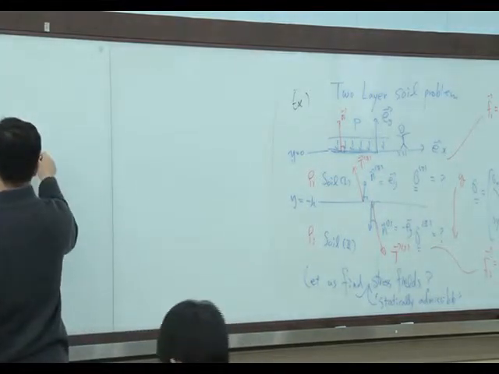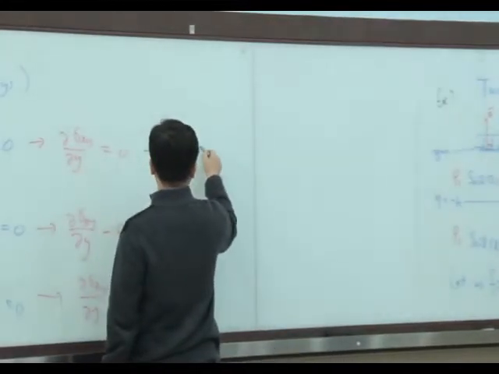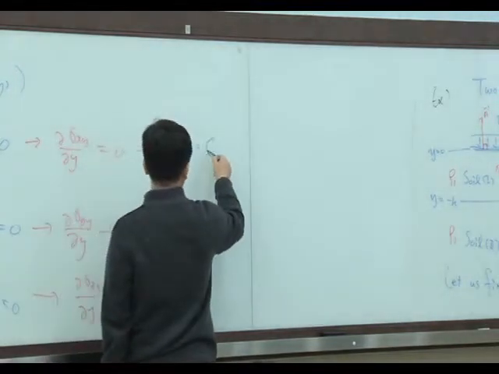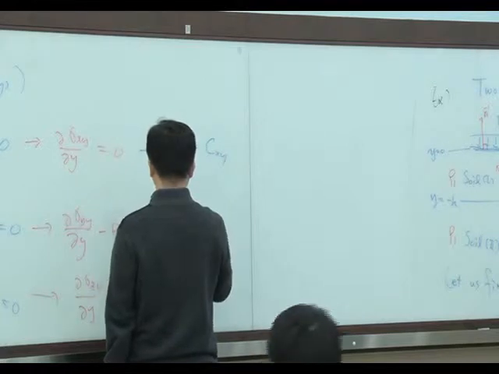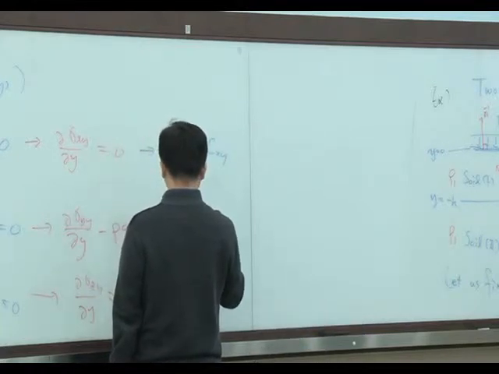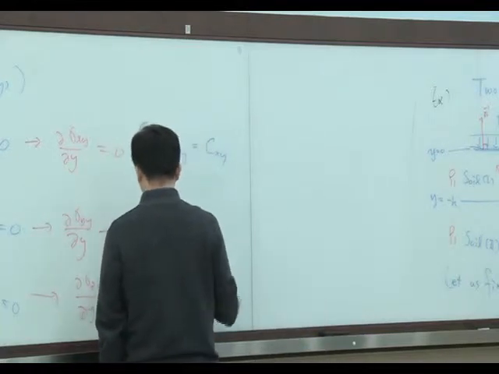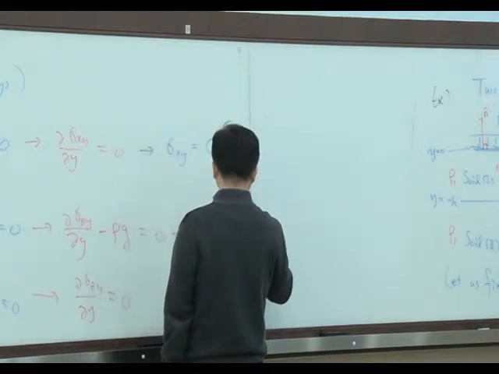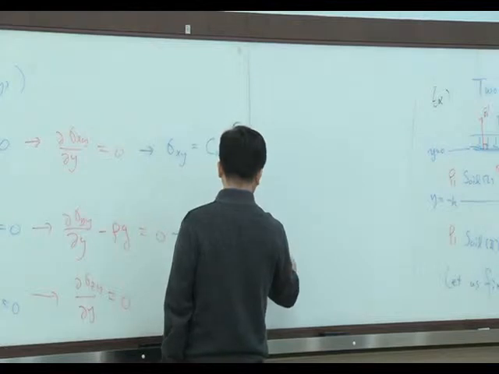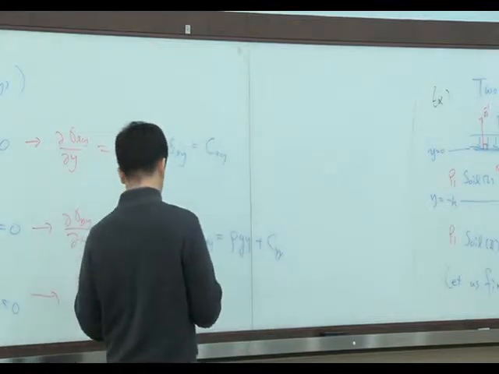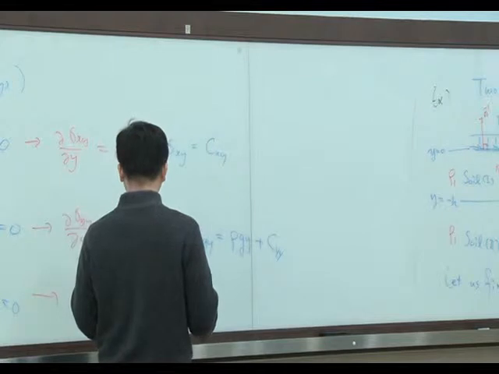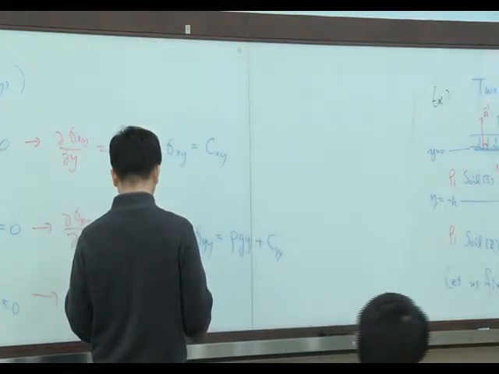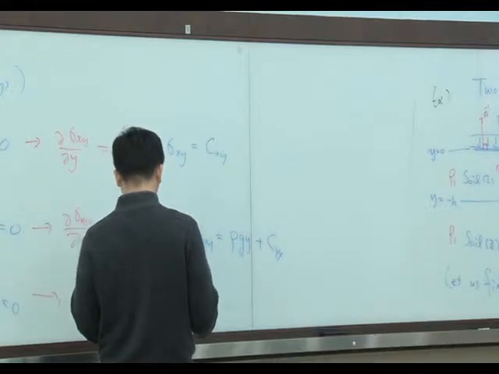Stress xy will be some constant, let's say c_xy, and stress yy equals rho g y plus some constant c_yy.